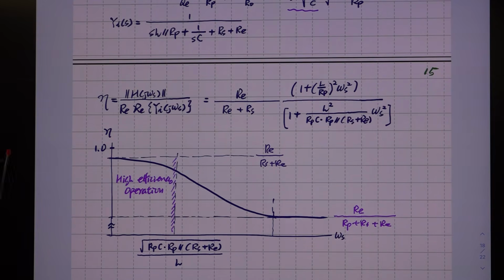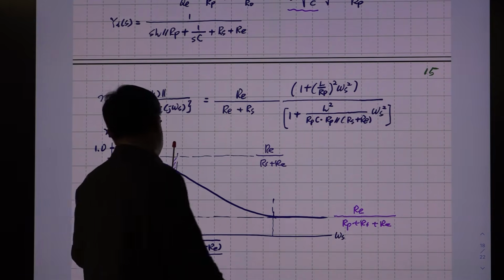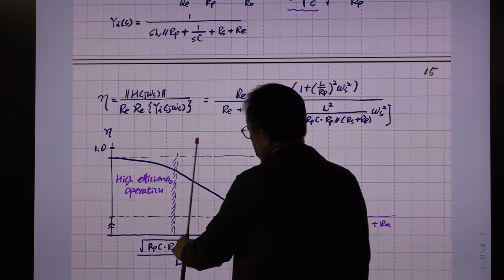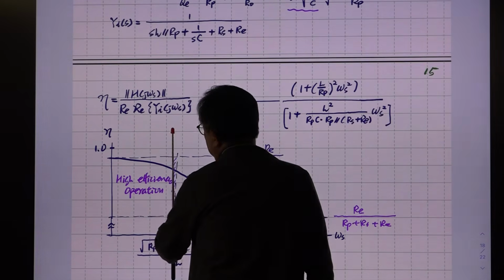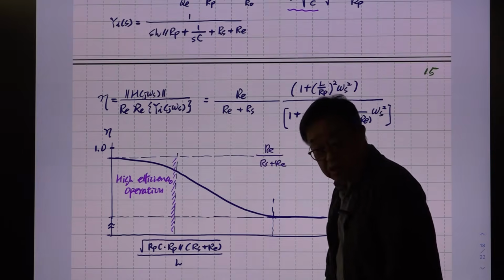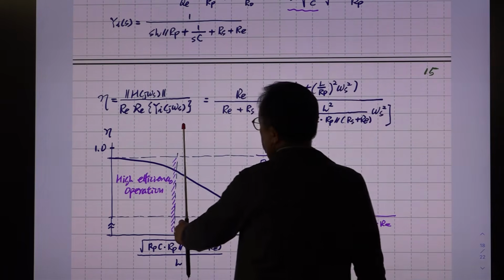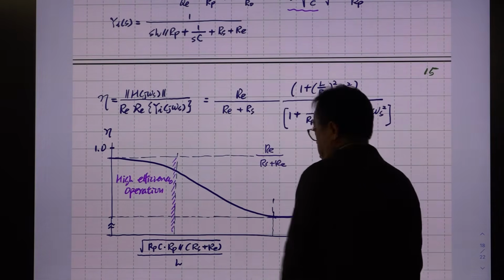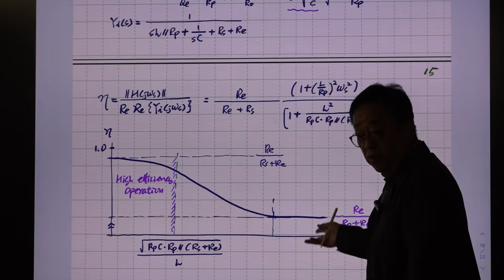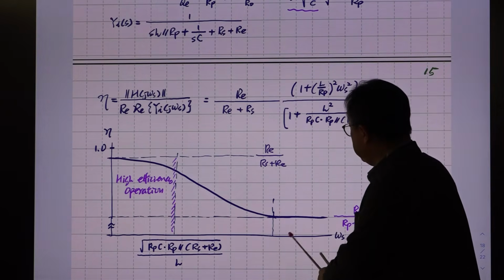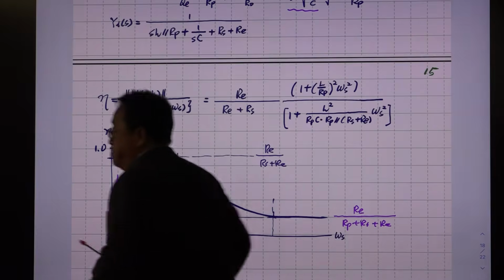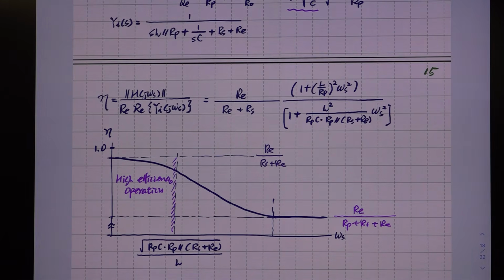So you may know this. If switching frequency is smaller than this frequency, efficiency will be good. If switching frequency is above this frequency, the converter will suffer from low efficiency. That information is shown here, and this cutoff frequency, you can figure this out, is given by this.